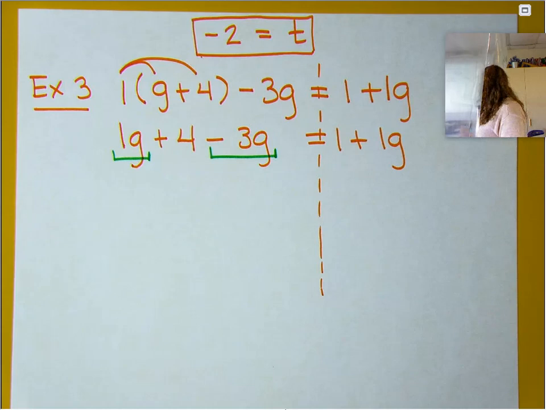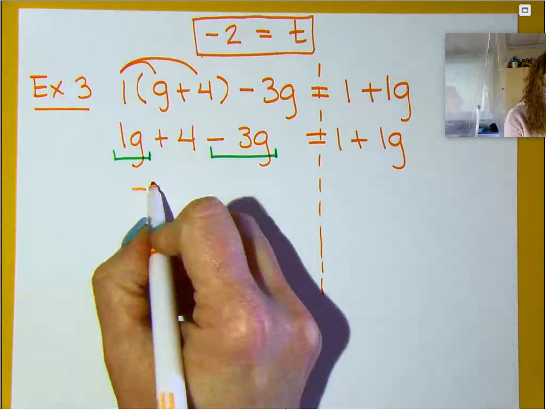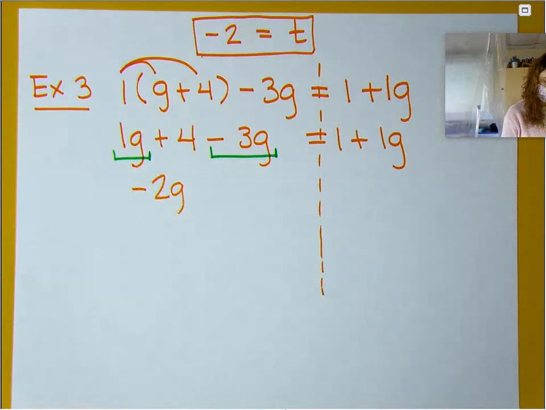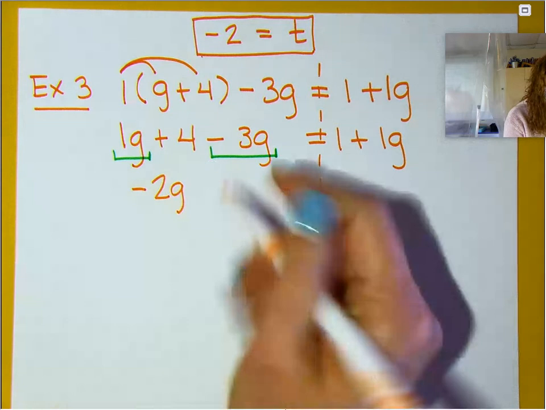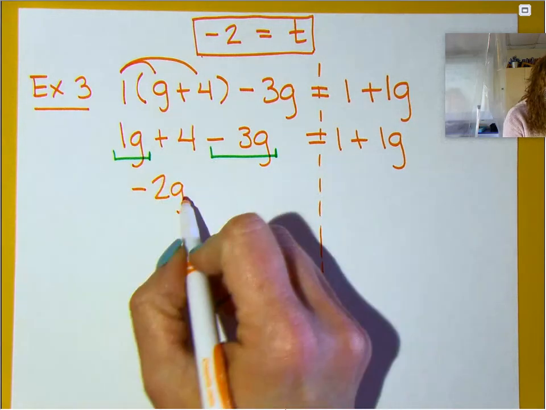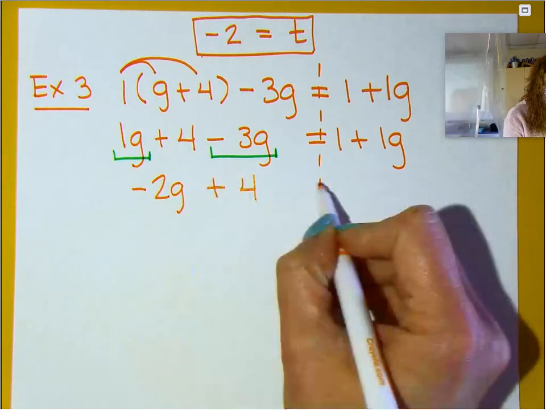And what is 1G minus 3G? Yeah, negative 2G. Oh, wait, you said minus. I thought you said times. My bad. Oh, okay. Minus a positive 1 and a negative 3 is a negative 2. And then everything else just comes down.